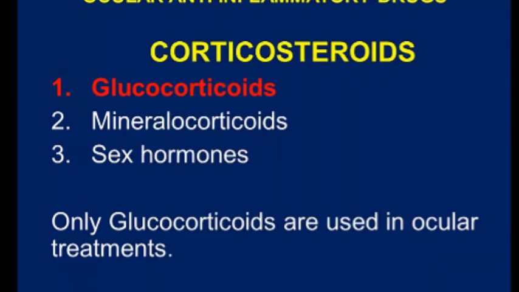Examples of corticosteroids are the glucocorticoids, the mineralocorticoids, and the sex hormones. Only the glucocorticoids are used in ocular treatments. The rest are usually natural corticosteroids found in the body.